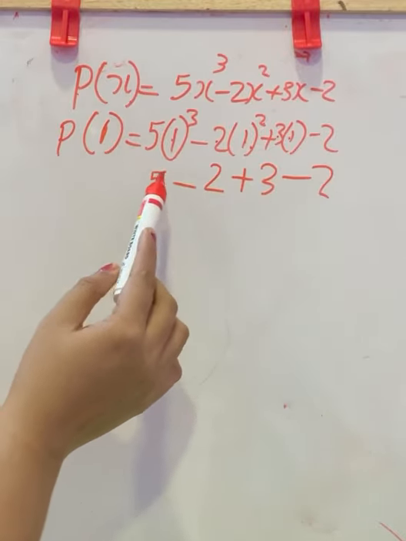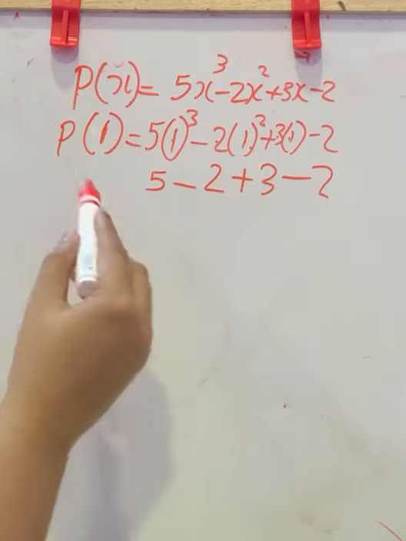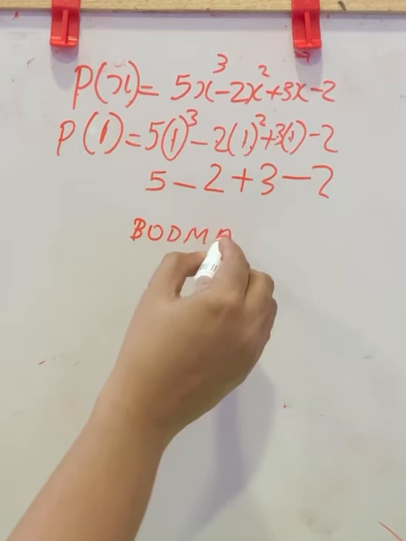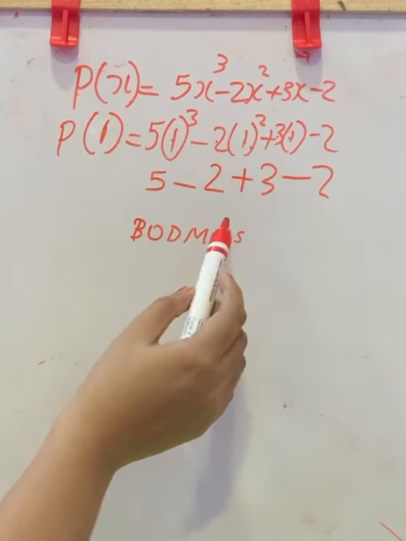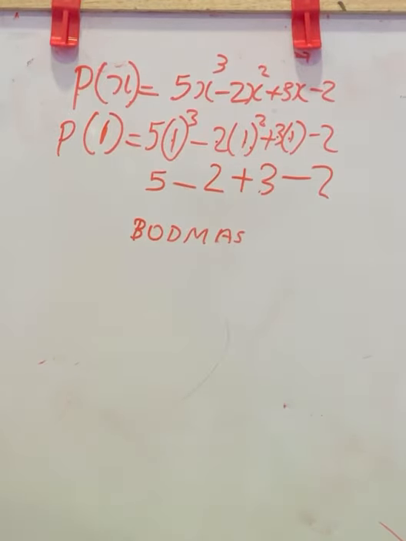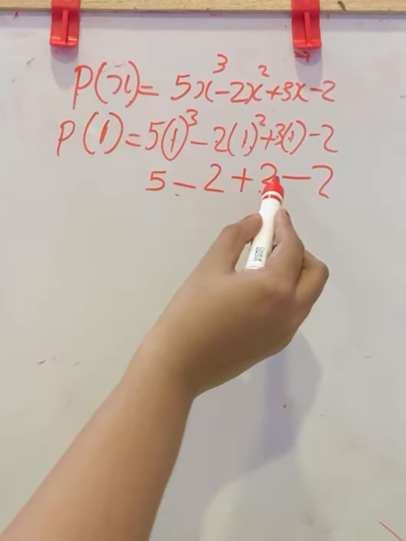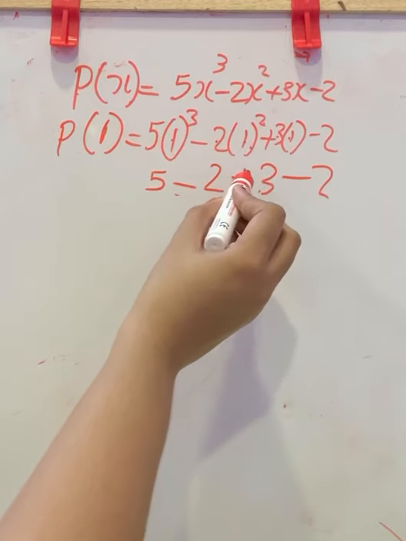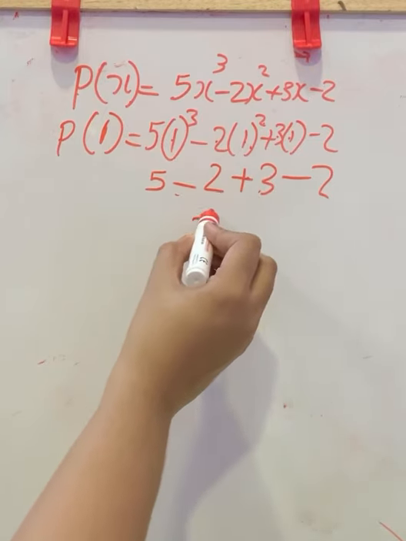Now this is subtraction and addition. As per BODMAS, addition comes first, so let us add minus 2 plus 3. Subtract the smaller number from the bigger number and put the sign of the bigger number, so it is plus 1.